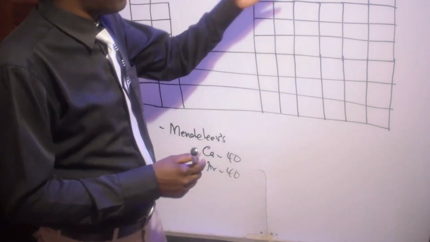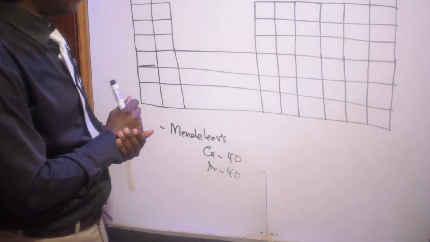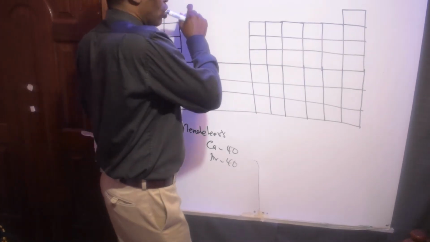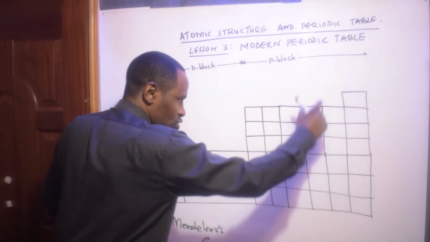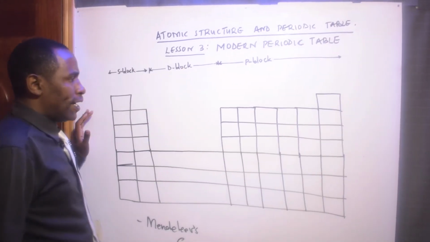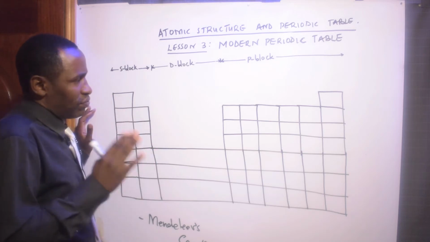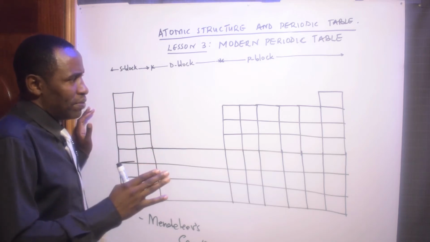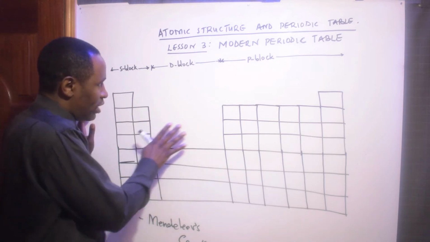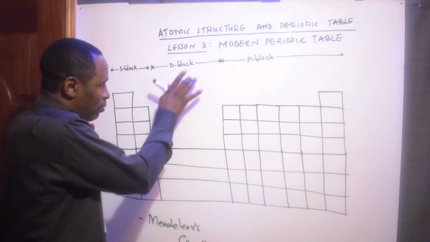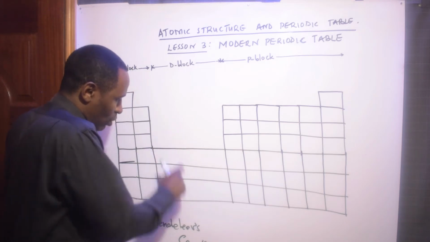As far as the modern periodic table is concerned, it will have columns, of course. We have vertical columns, as you can see here, and there are about 18 of them. But I'm going to talk about the 8 major ones, because this part that I've left here, which we are calling block D, we are also going to have about 10 columns.